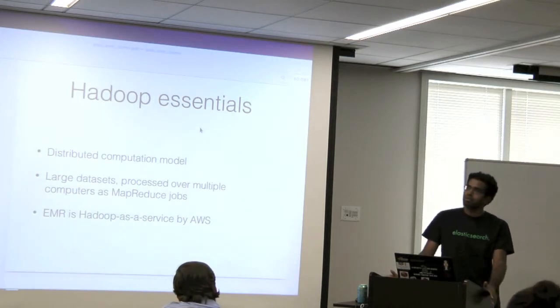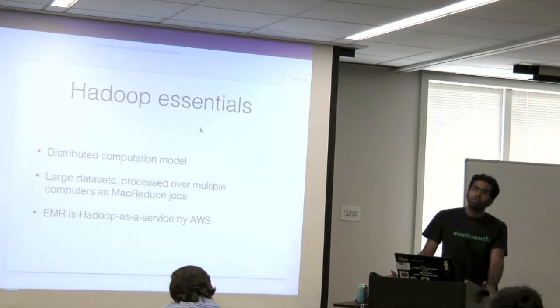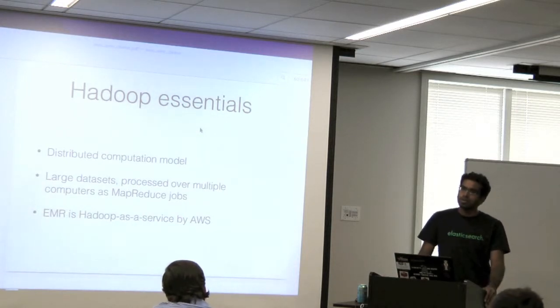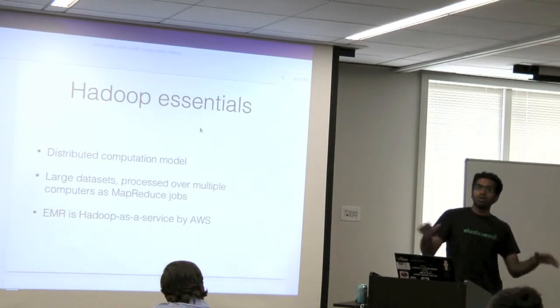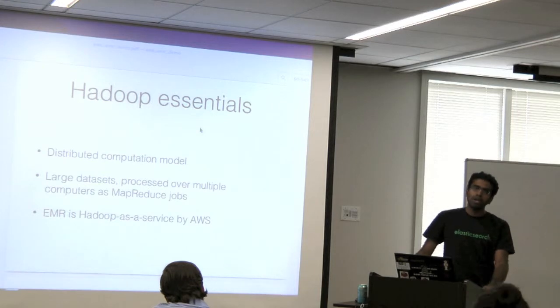So let's begin with some Hadoop essentials. Hadoop is a way of doing distributed MapReduce, and it primarily applies to data sets which are too large to fit on a single machine.